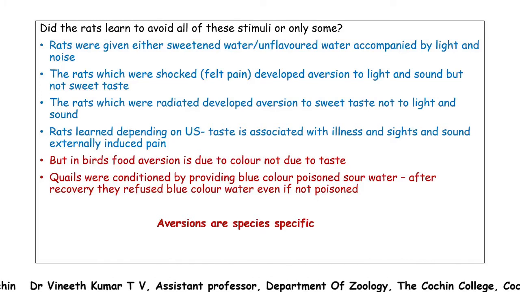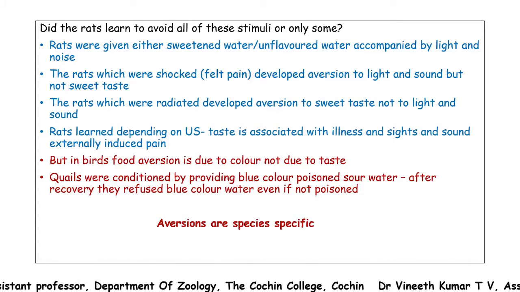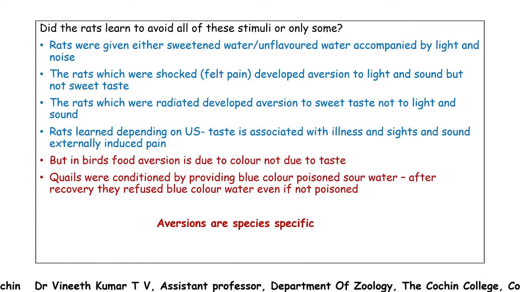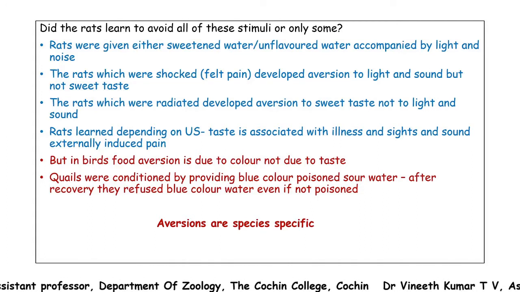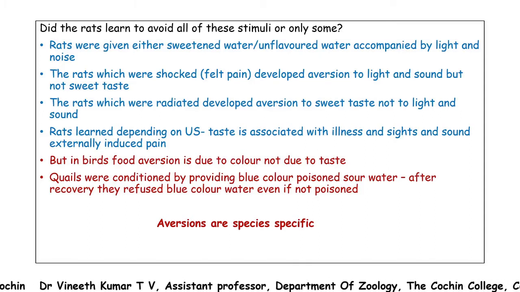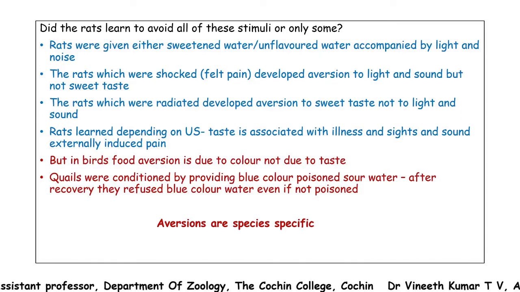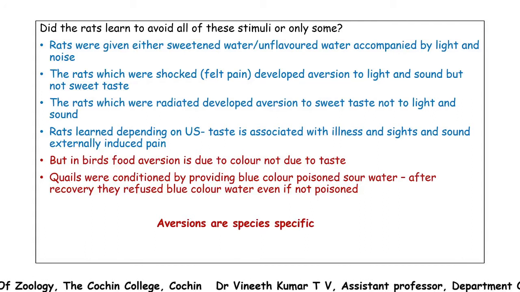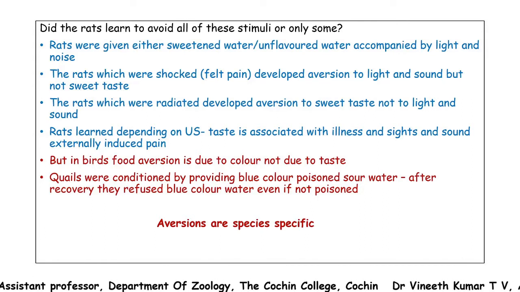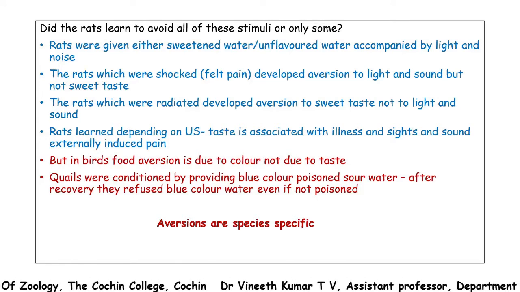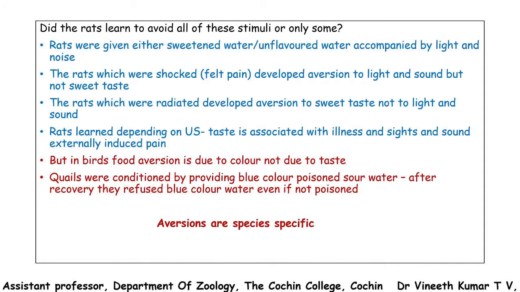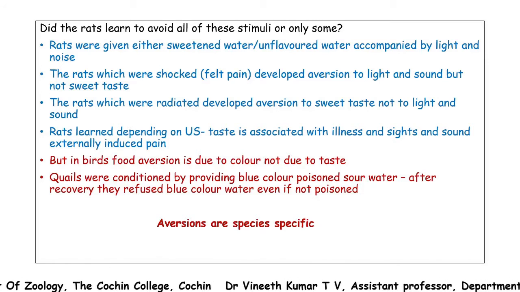And what they saw was that the quails avoided the blue colored water, which was not sour, but drank the sour water, which was colorless. This proved that in birds, taste aversion is dependent on sight or color. And this proves that aversions are species specific, depending on their adaptations.